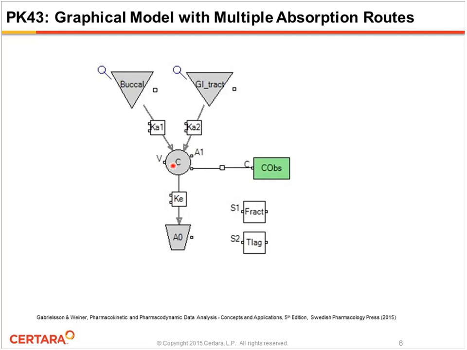From the central compartment, there is a one-compartment elimination parameterized as Ke. We also have some additional structural parameters. That's the fraction, F rapid, which is going to be for the buccal route, and then 1 minus F rapid will be to parameterize the GI tract. And then lastly, we have a T lag, which is applied to the GI absorption.